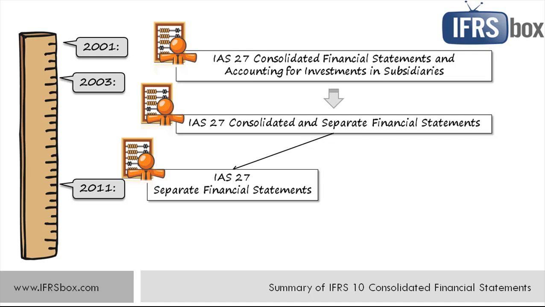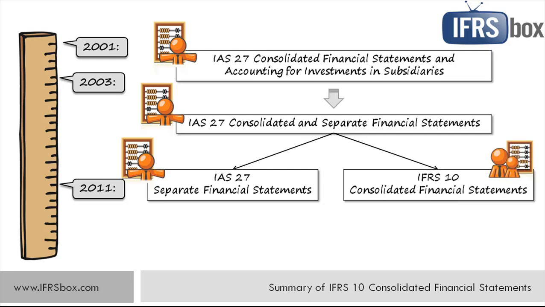The new standard, IFRS 10, was issued with the rules for the consolidated financial statements, and also disclosure requirements in IAS 27 were replaced by the new standard IFRS 12. Well, but that's another story and we'll leave it out for now.